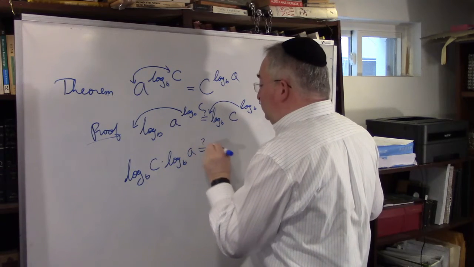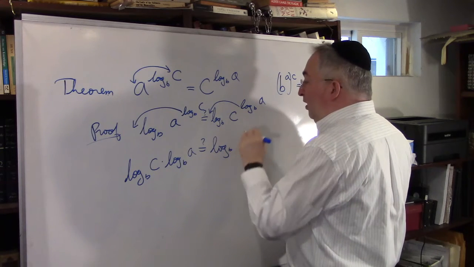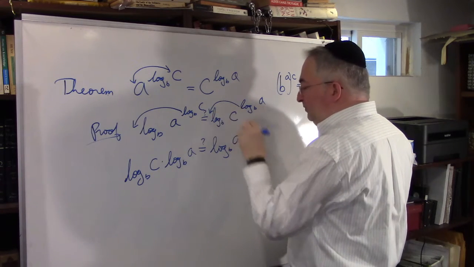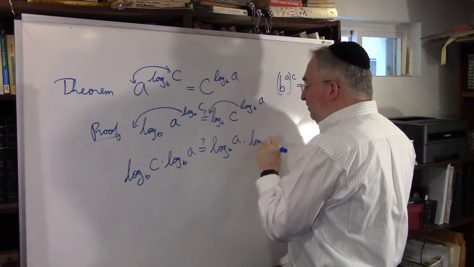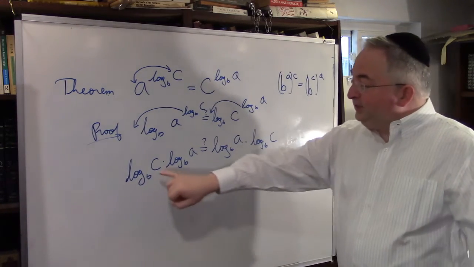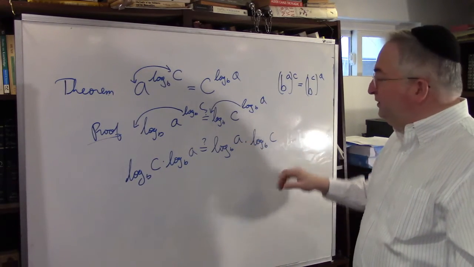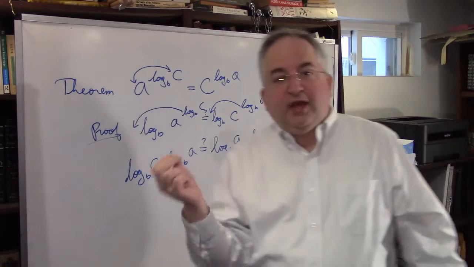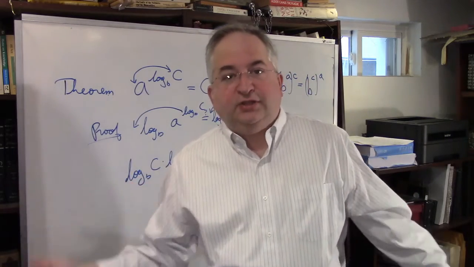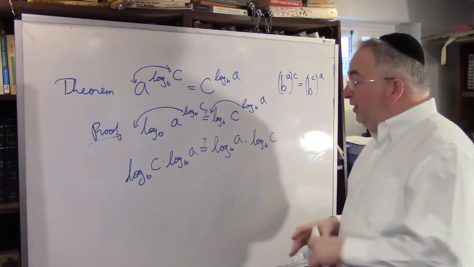Question, is that equal to log base b of a, that's this guy, comes to the front, times log base b of c? This is log base b of c times a, log base b of a times c. X times y is equal to y times x. You learned that in first grade. Okay, so these two numbers are equal.